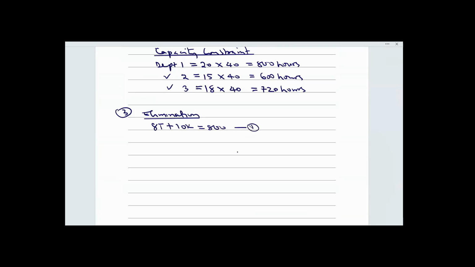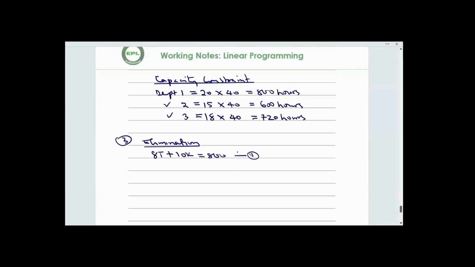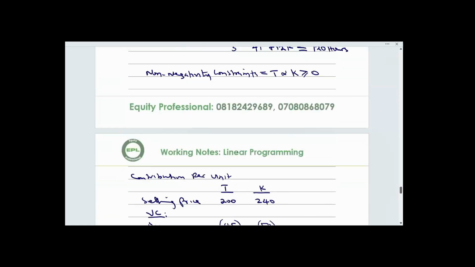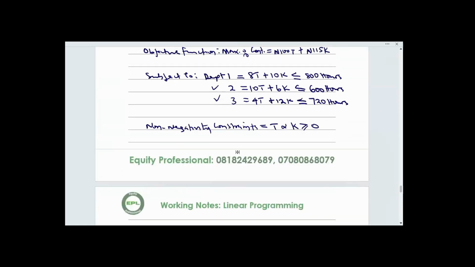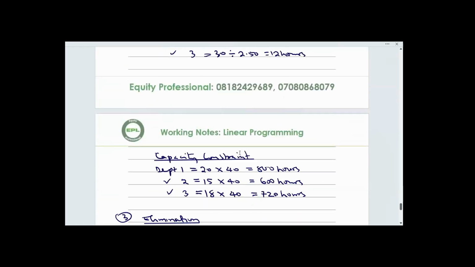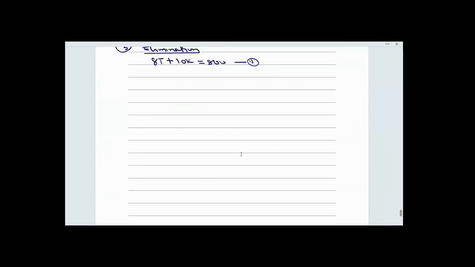The second equation is 10T plus 6K equal to 600, equation 2. Then 4T plus 12K equal to 720, equation 3.